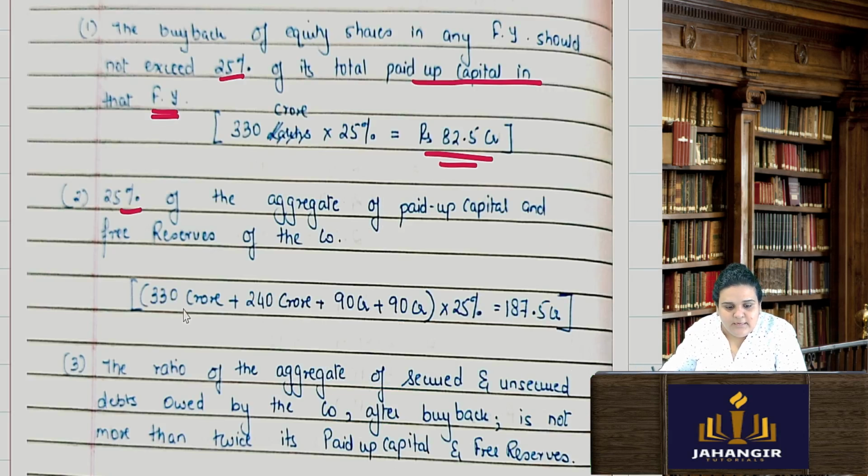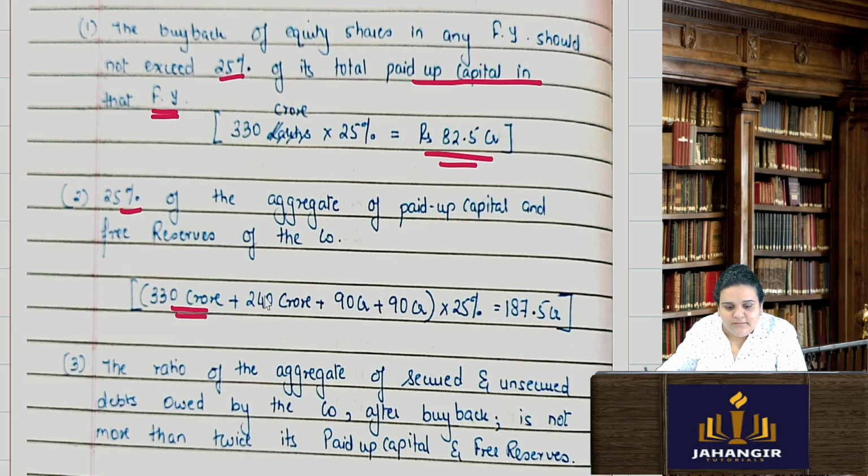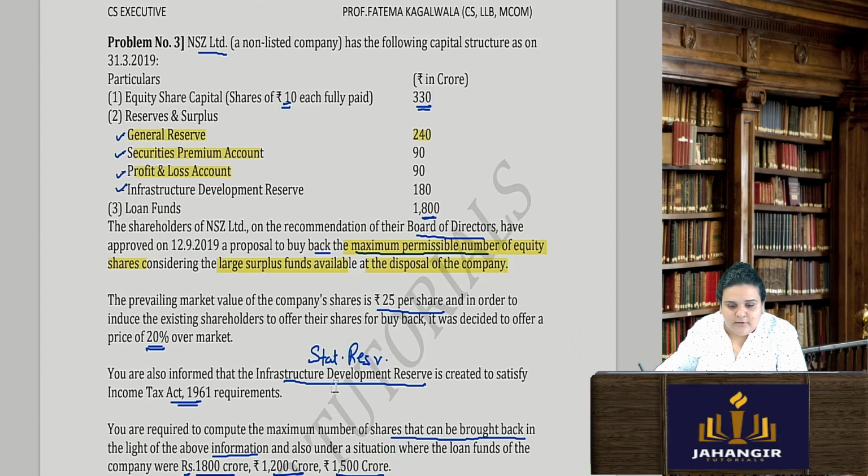So basically it will be 330 crores plus 240 plus 90 crores and plus another 90 crores. It will be 90 crores of securities premium account and 90 of the profit and loss account. Infrastructure development reserve is not a free reserve.